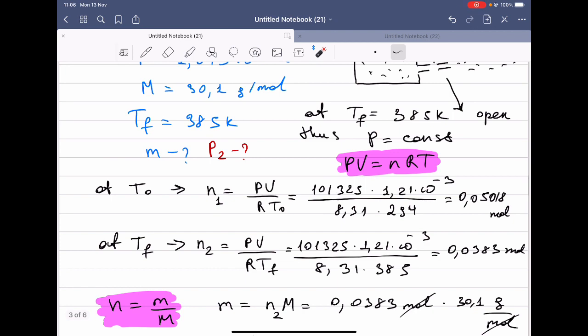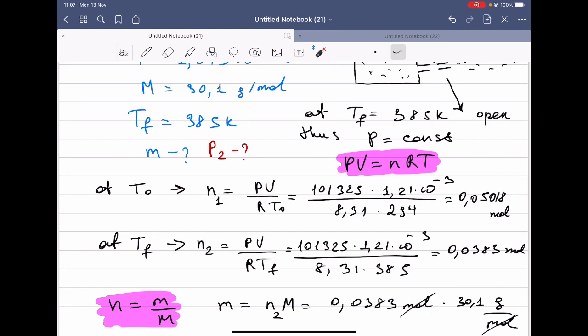Then we calculate also at the final temperature how much is left there. Again we use this formula, so n2 is equal to PV over RT final, and then we know that this amount is equal to this one. So after increasing the temperature and leaving it open, the moles decrease and it will remain as it is.